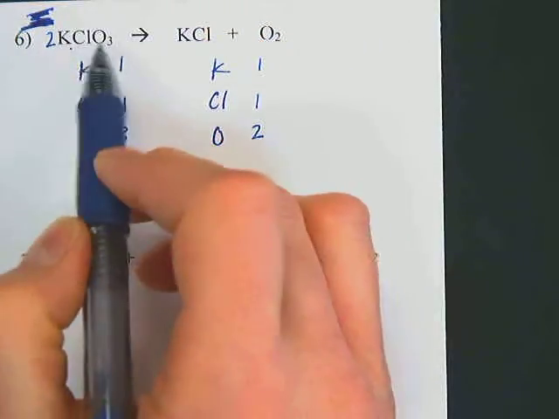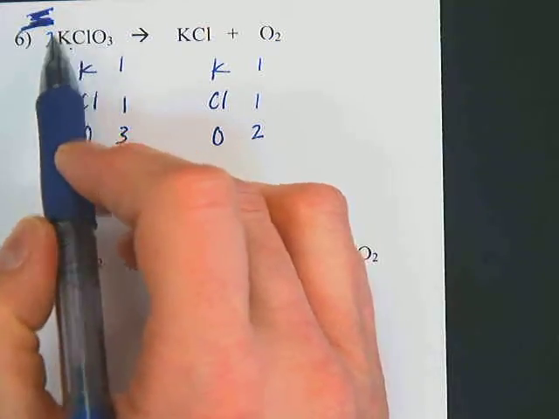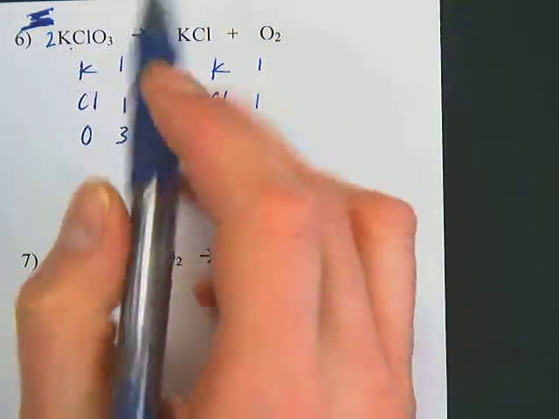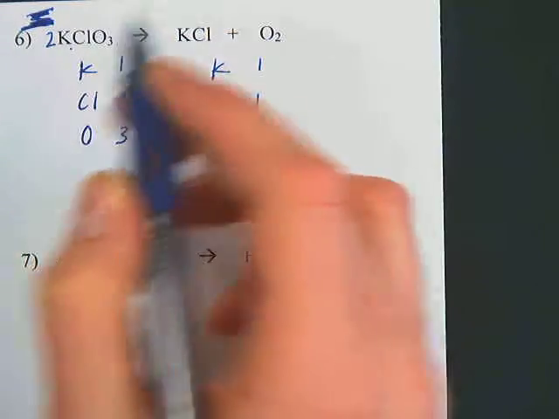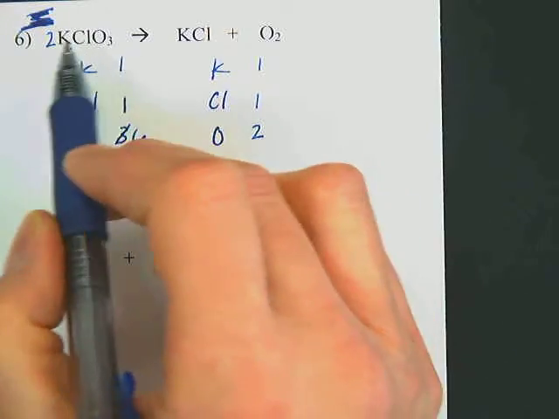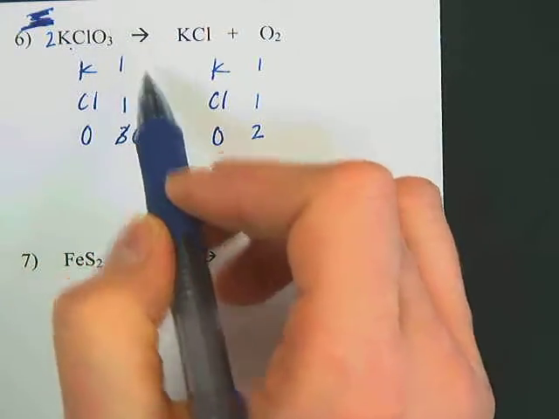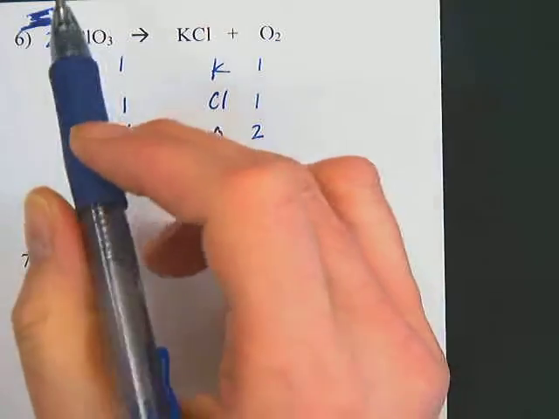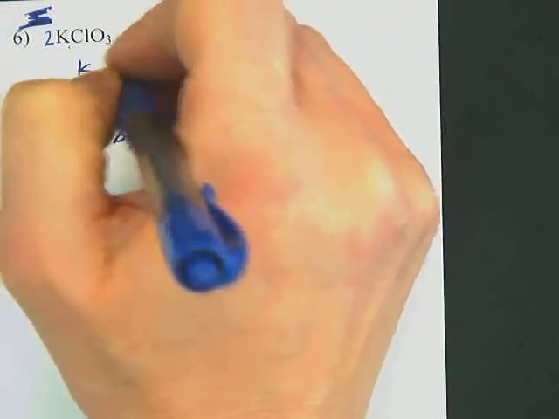So what we're going to do here is we're going to put a 2 in front of the KClO, and that gives us 2 molecules of this compound. And in those 2 molecules, we will end up with 6 atoms of oxygen because each molecule has 3 oxygens. So 2 times 3 is 6.